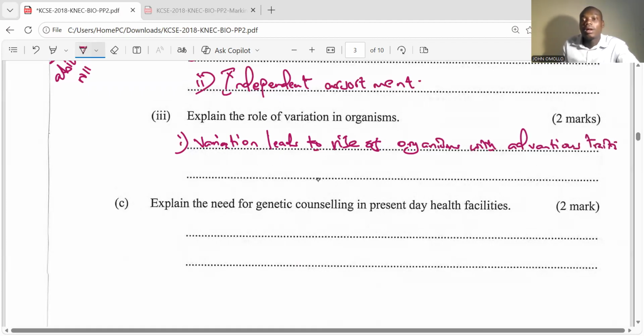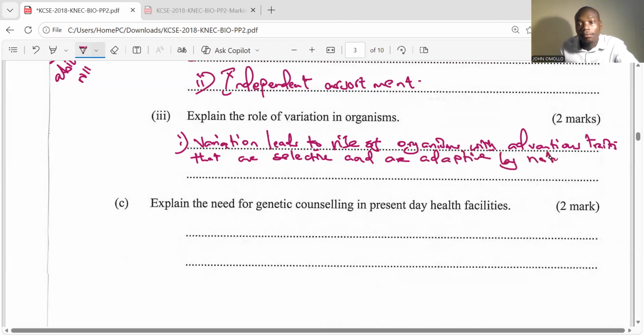It leads to the rise of organisms with advantageous traits that are selective and are adaptive by nature. They are adapted to nature.